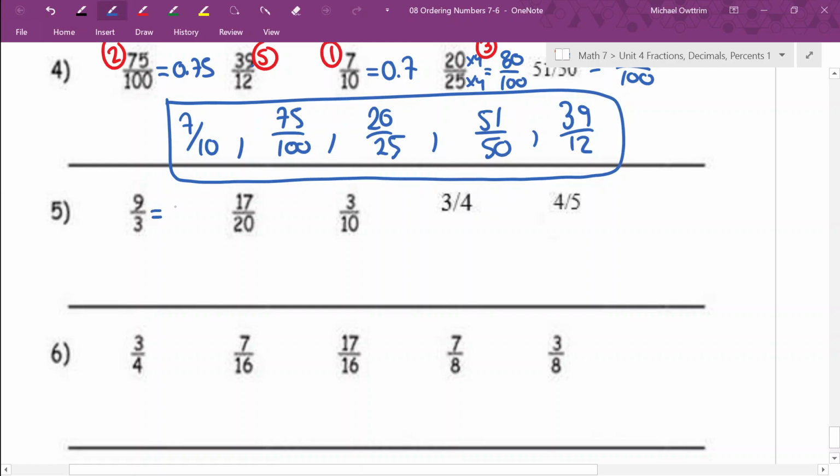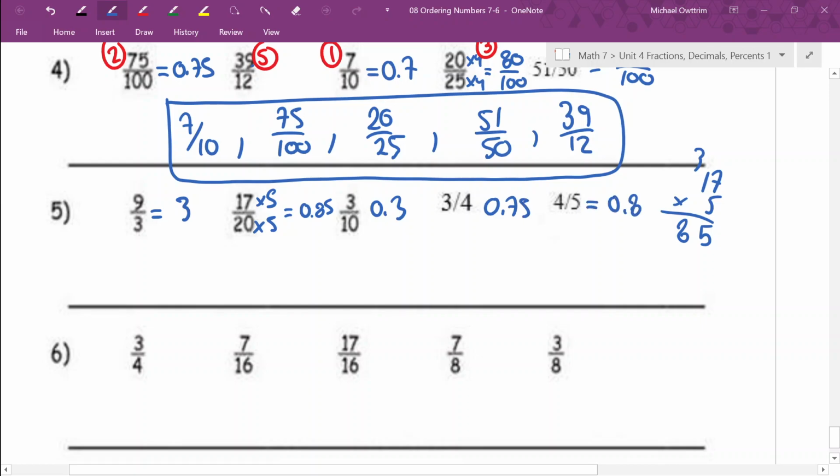Alright, 9 divided by 3 is 3, so that one's easy. 17 out of 20 is less than 1. I'm going to multiply it by 5 to make it into a fraction. 17 times 5 is 85. 3/10 is 0.3, 3/4 is 0.75, 4/5 is 0.8.